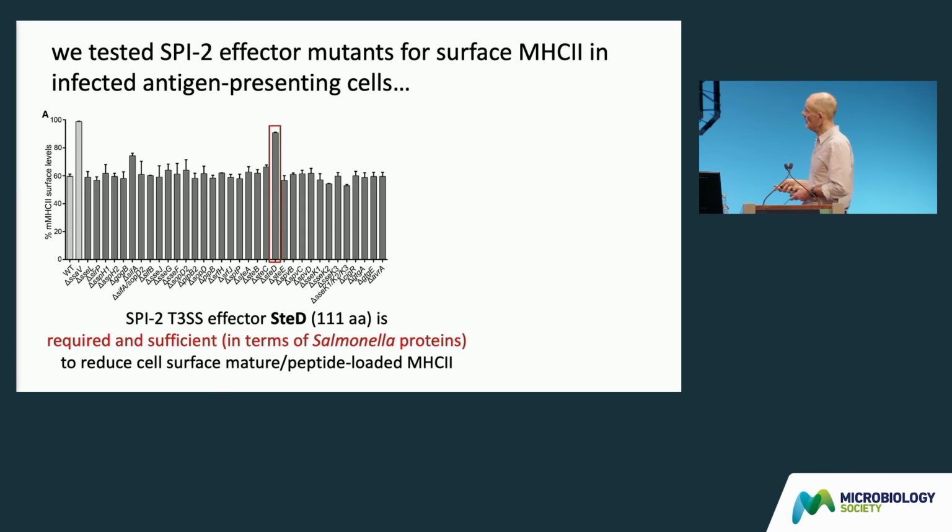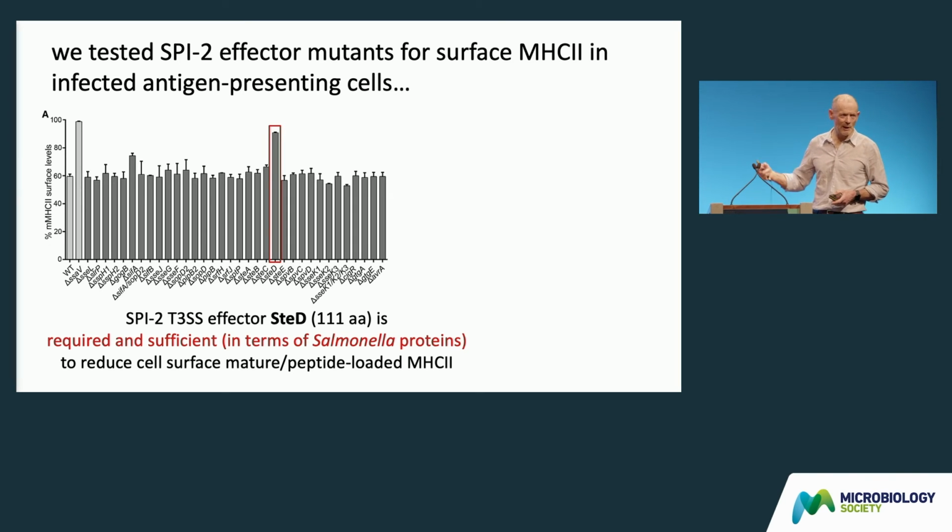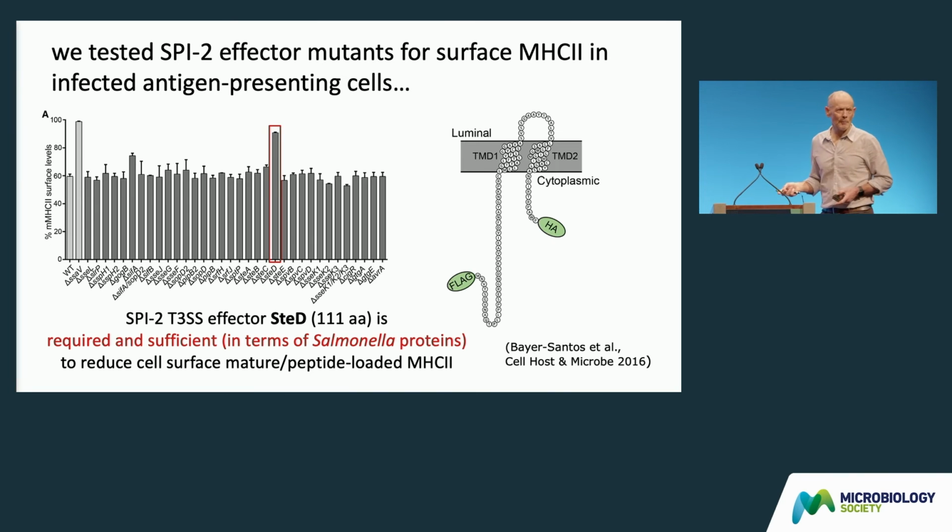SteD is only 111 amino acids. It's a small protein. Thankfully, it is not only required, but it's sufficient to reduce surface peptide-loaded MHC class II. So it doesn't need any other help from Salmonella proteins, which makes it convenient to study. But also, it's an integral membrane protein.